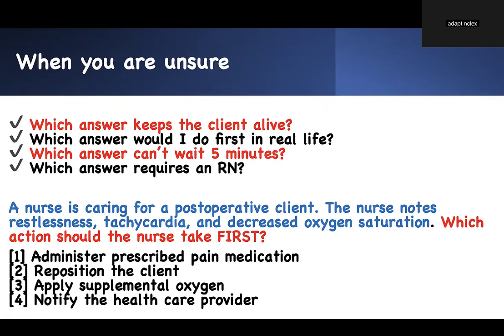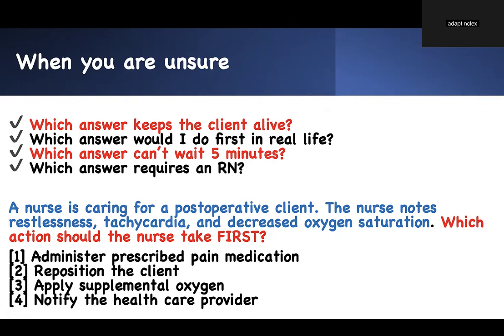If you give the patient pain medication, oxygen saturation is going to go down. Therefore, which one will save the patient's life? If you give them pain medication, it is a problem. If you reposition the client versus oxygen, which one will keep the patient alive? Like I told you, you're unsure, so you're going through. I think oxygen is better.